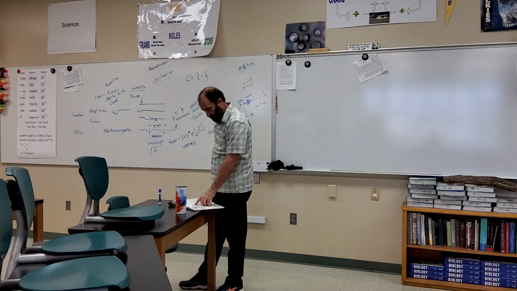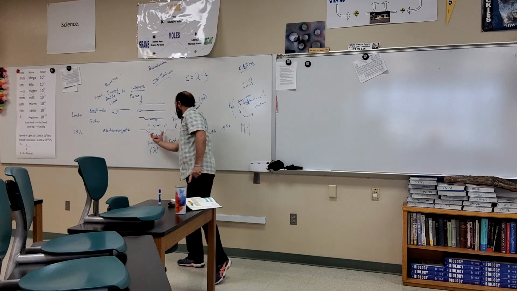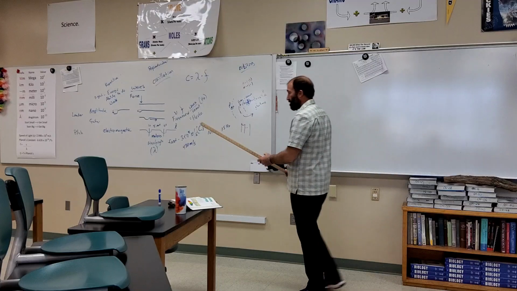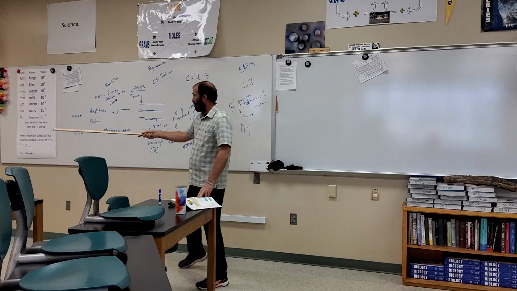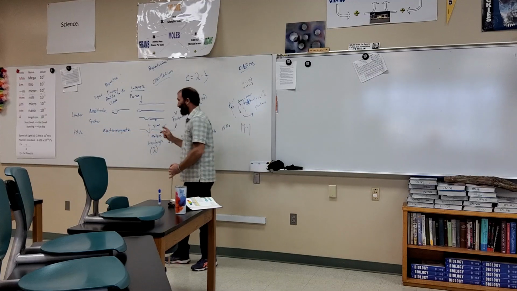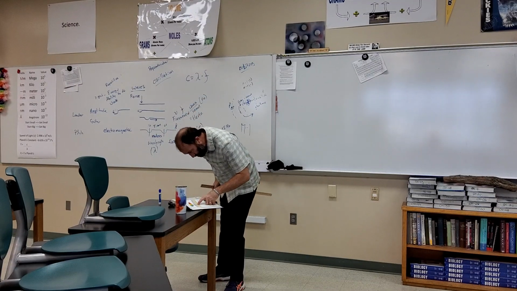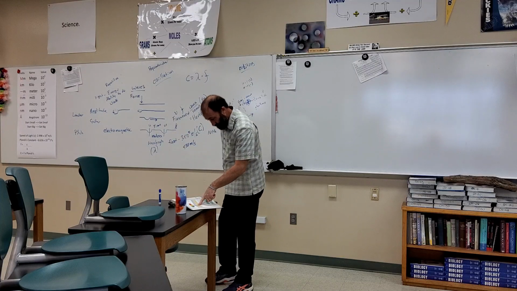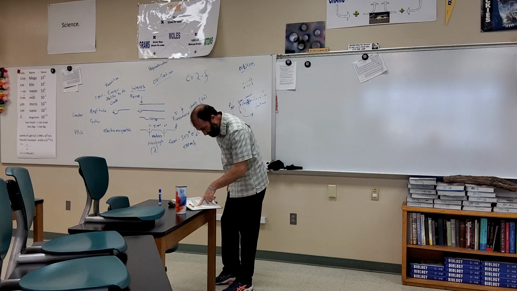If you look at the scale, let's pick radio waves. Radio waves are about how long? 10 to the 1 meter, so 10 meters. So about the length of the room. From wave to wave, it's 10 meters. Visible light is about what? 10 to the third nanometers.